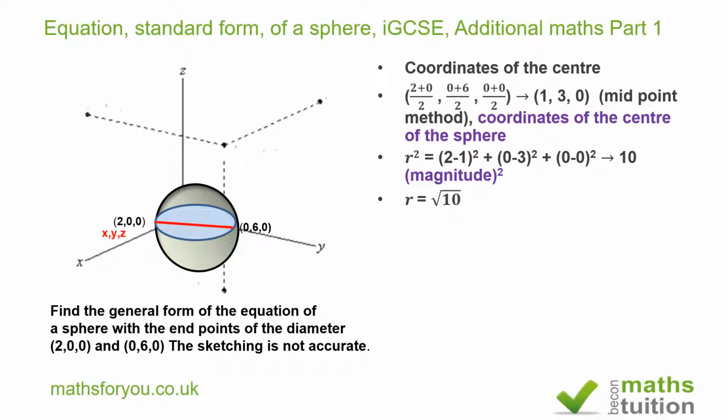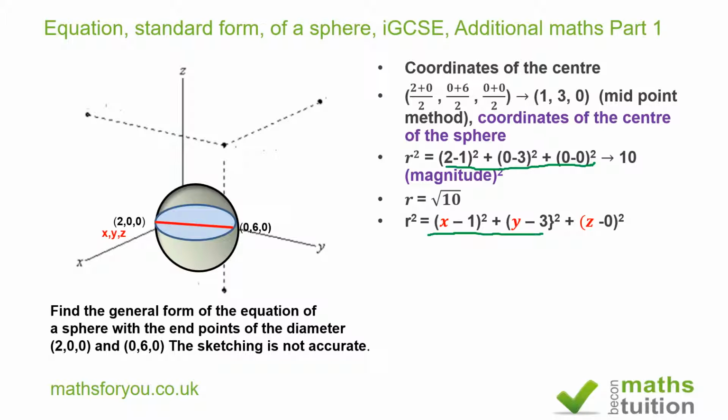So now we carry out the same process here. We then say that r squared is equal to x minus 1 all squared plus y minus 3 all squared plus z minus 0 all squared. So all we're doing is the same thing here, except with variables.